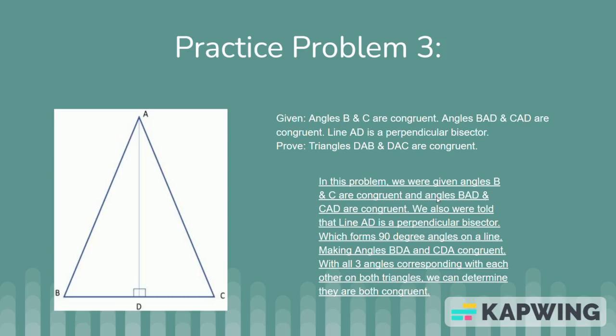We also were told that line AD is a perpendicular bisector, which forms 90-degree angles on a line, making angles BDA and CDA congruent. With all three angles corresponding with each other on both triangles, we can determine they are both congruent.